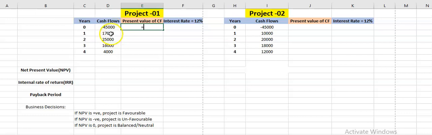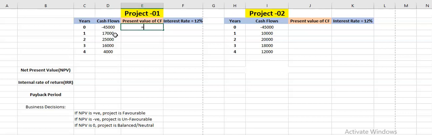The positive values, 17,000, 25,000, 16,000, 4,000, are the future cash flows which the business gives us in the form of return. All those values with a positive sign are cash inflows. Cash inflows mean money is flowing towards the business, and the minus sign shows money is going outside the business.